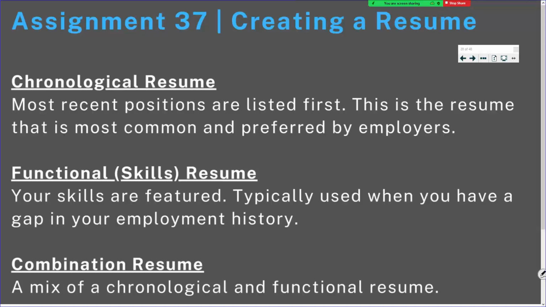Your most recent stuff comes first, and the stuff in the past comes later. So they want to see your work experience, and they also want to see your training and education. But again, that training and education is going to be listed in reverse chronological order too, where the most recent stuff comes first, and then you go into the past from there.